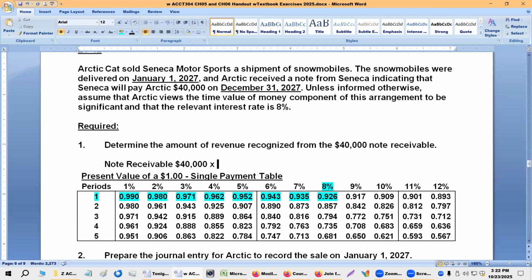Each one of those dollars is going to be worth 0.926. So that's $37,040.